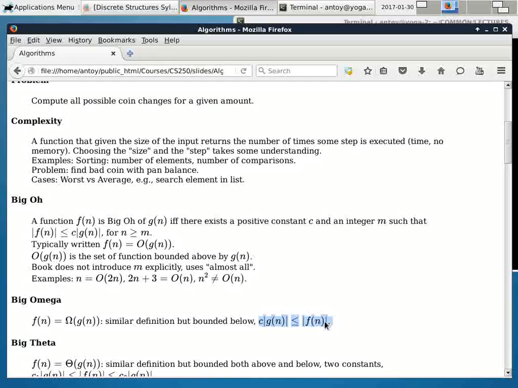And so I have that n is less than or equal n squared for n greater than or equal to 1.